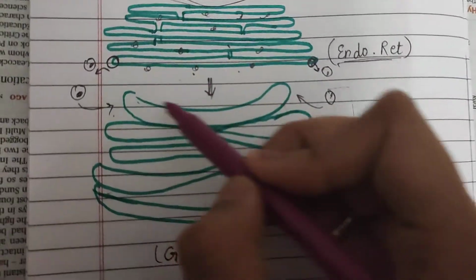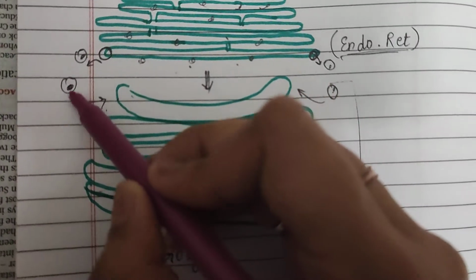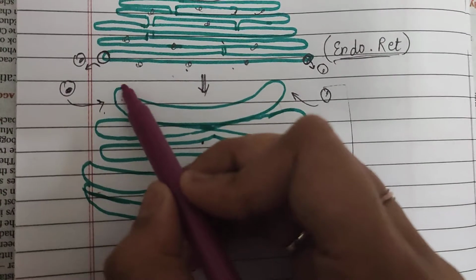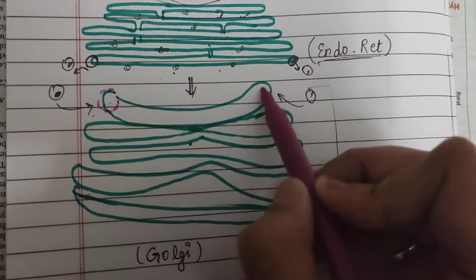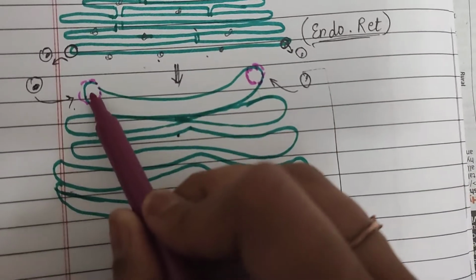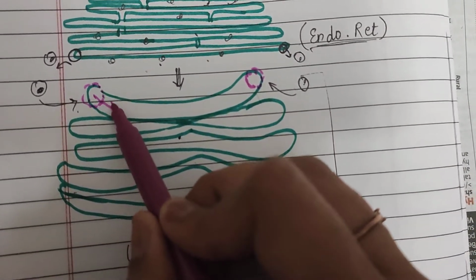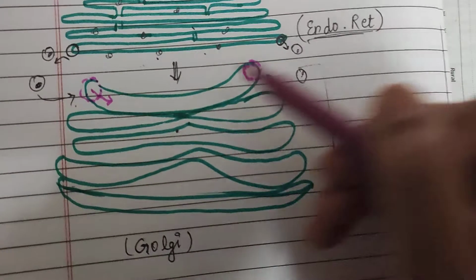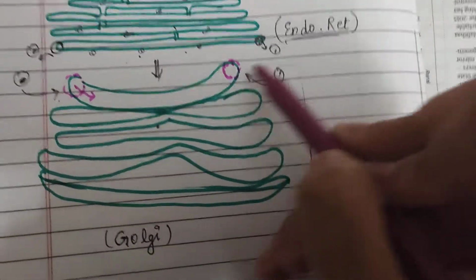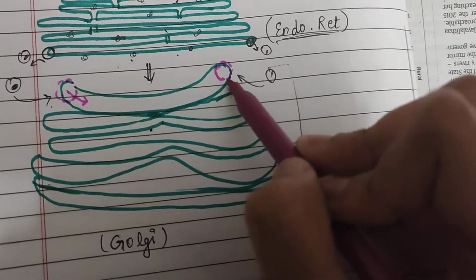If I have to draw it, you could say that it is going to go and get fused with the Golgi, so it is going to attach to the Golgi. Now when they get attached to the Golgi, they are going to release the protein that is inside, and in the same way the pinching off is going to happen.